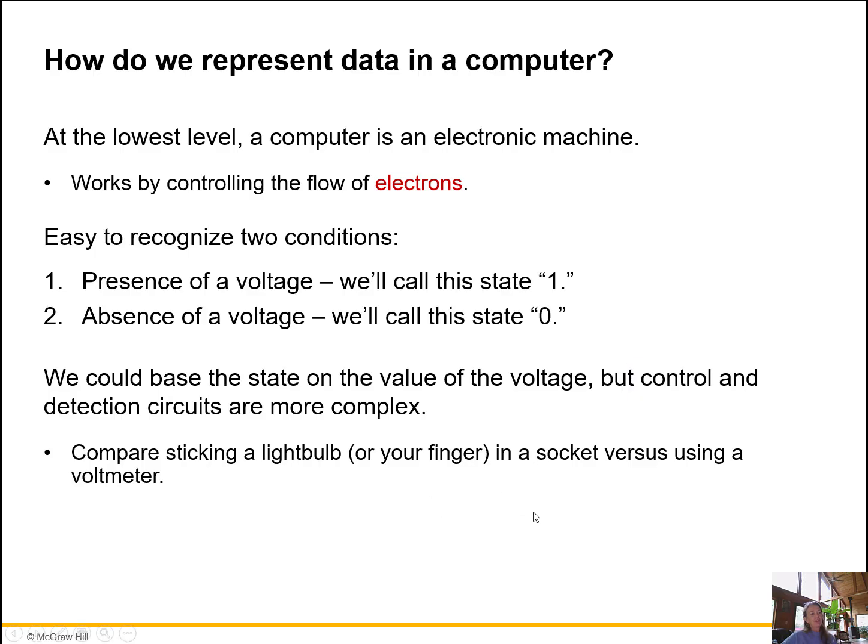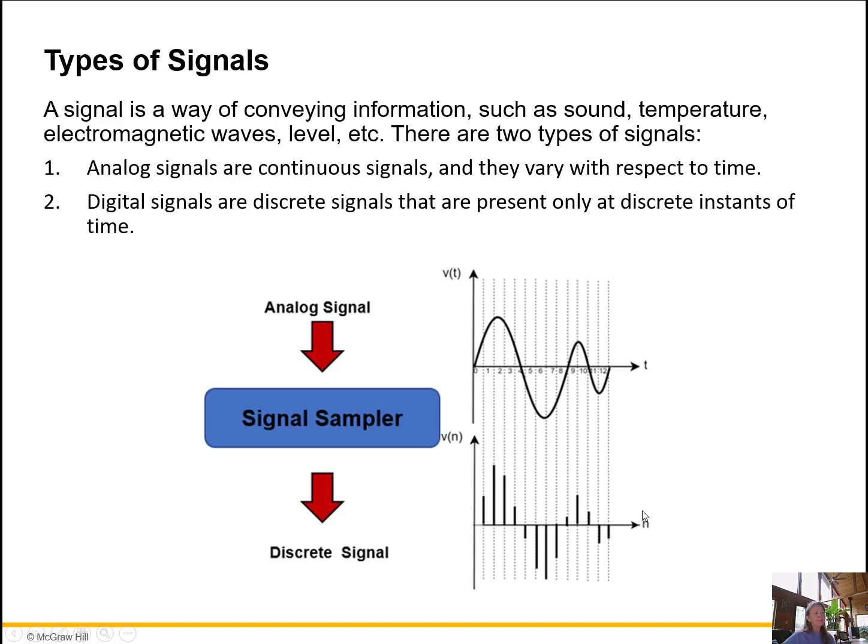Compare it to your house: your house has 120 volts in your socket. You don't really care if it's 118 or 122, but you do care if it is 15, because that's not going to run what you're asking it to run in your house.